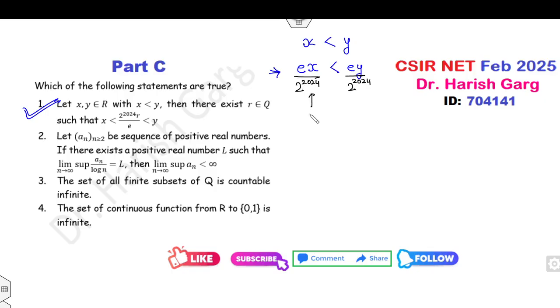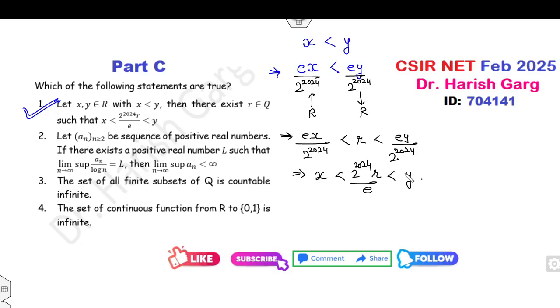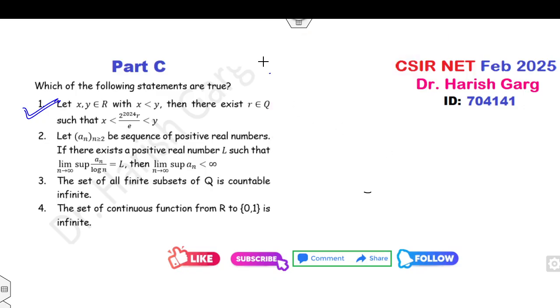Now this element belongs to R and this element belongs to R. So between two real numbers we can always find a rational number, let's call it r. Now you can find the value of x. It is again similar to the given requirement. So the first option is the correct option. Now look at the second option.